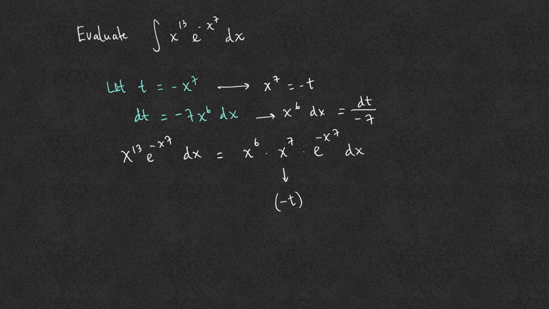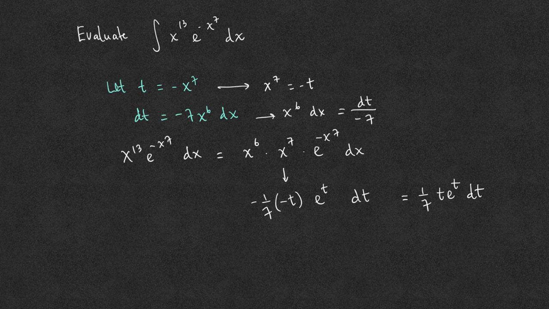So we will substitute x to the 6 power dx with negative 1 over 7 dt. And we end up with e to the negative x to the 7, but that is t. Simplifying this, we have 1 over 7 t e to the t dt as the new integrand.